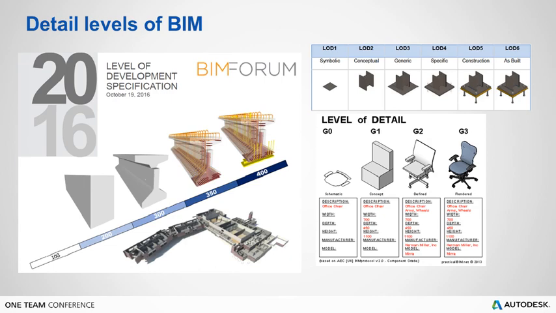Now, as an example of that, what we will have when it updates is an example of the levels of detail. Okay, so in the first instance, at level 0, we just have a simple footprint or representation of a chair in this case. And then as we step through those different levels of detail, it depends upon what is actually required specifically for the project, and that would typically be specified in the specification for the project from the architect.